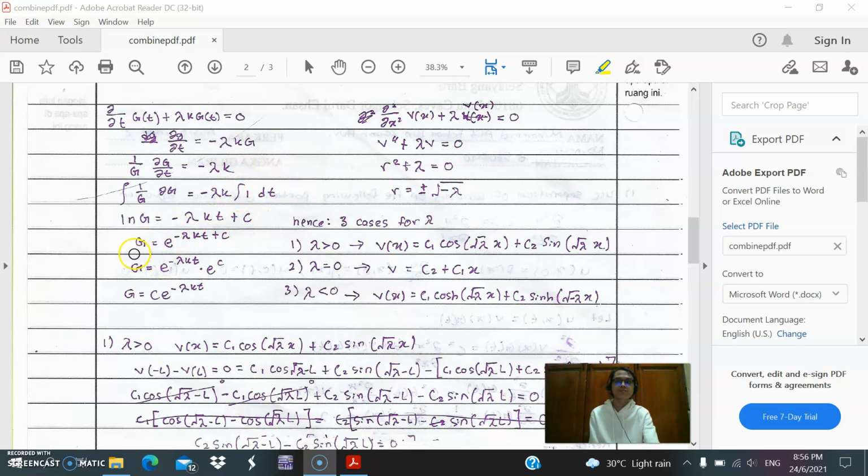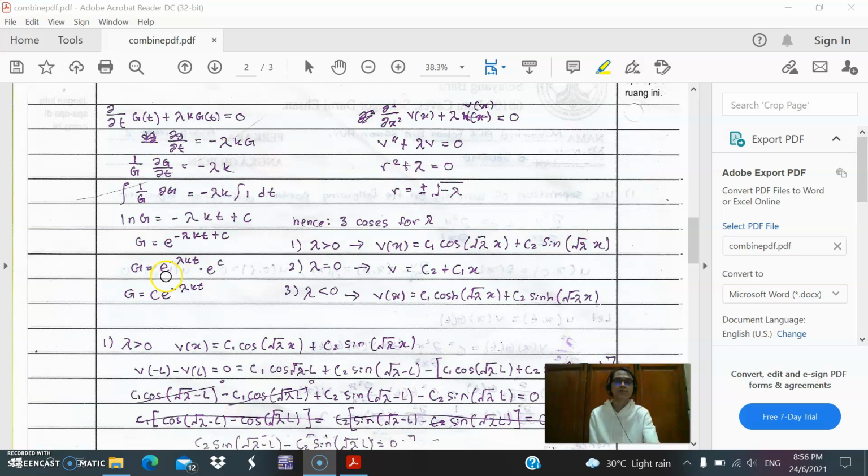So, buang ln. So, kita akan dapat G equals to e^(-λkt + c). So, boleh simplify.